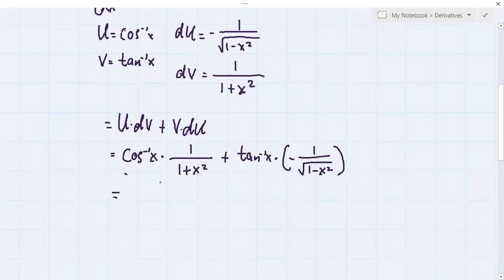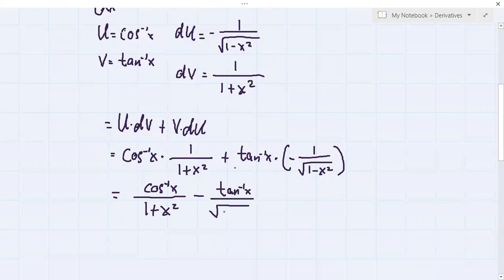If we're going to multiply yung dalawang terms dito sa unahan, we will have arc cosine all over 1 plus x squared. Next, if we multiply arctangent x at saka si negative 1 all over the square root of 1 minus x squared, we will have negative arctangent x all over the square root of 1 minus x squared. So you can leave this as your final answer actually.